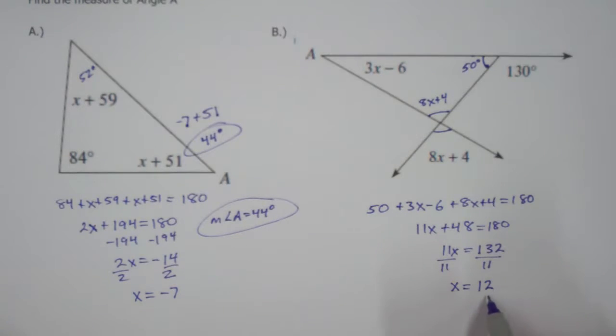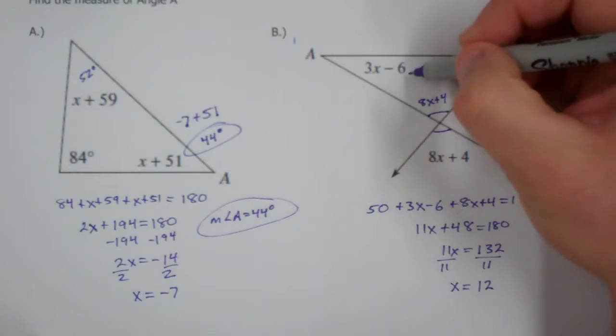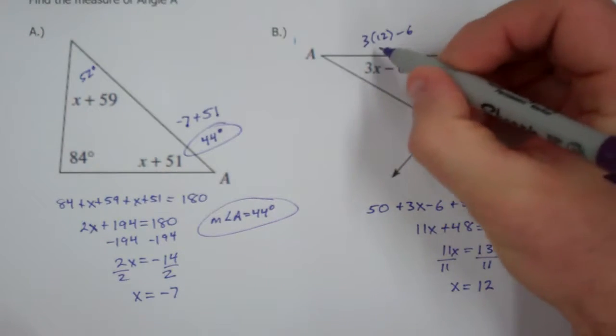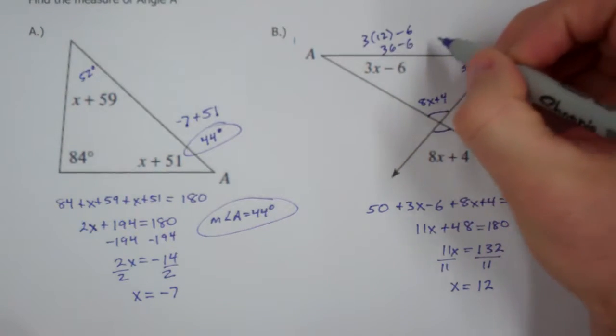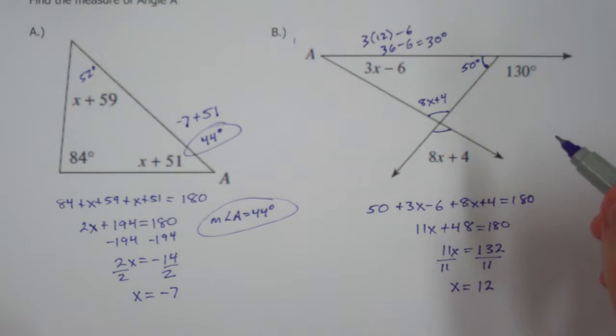We found x, but what we want to do is utilize this to find the measure of angle A. So the measure of angle A is over here. It's 3x minus 6, so we're going to do 3 times 12 minus 6. 3 times 12 is 36, and 36 minus 6 is 30 degrees.